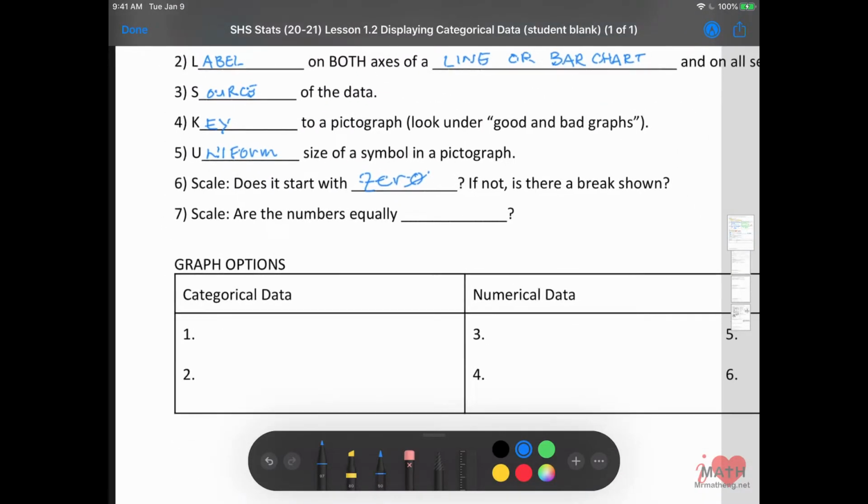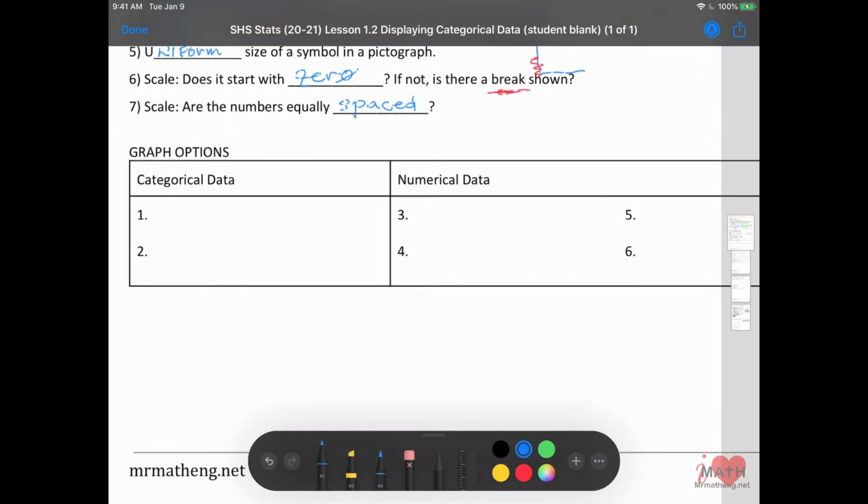If not, is there a break shown? And you'll see a graph right here. This idea of a break, I call it an earthquake. You'll see some lines down there. And then number 7, scales: are the numbers equally spaced?